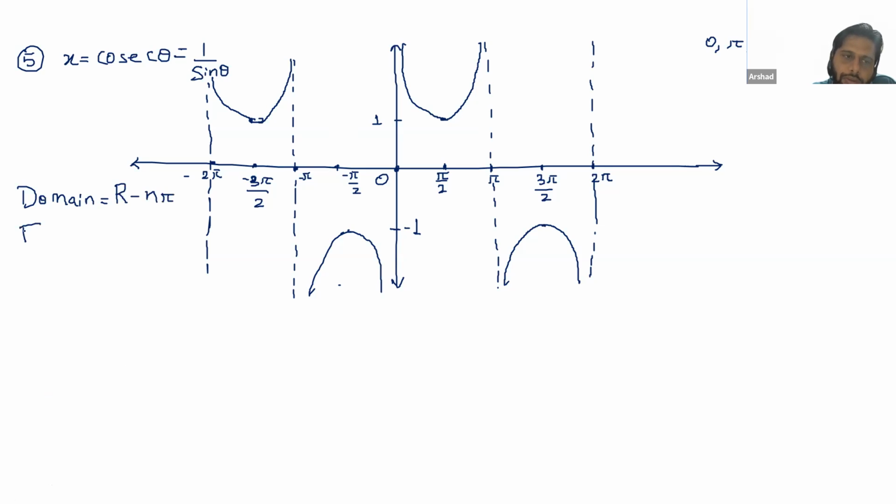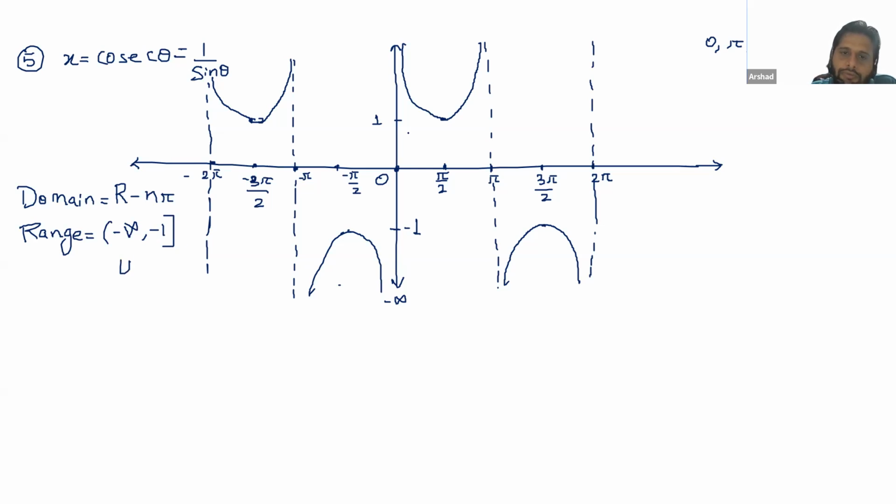What is the range of this function? R minus 1 to 1. Very good. All of you, please check here. This comes from minus infinity to minus 1, with minus 1 included.